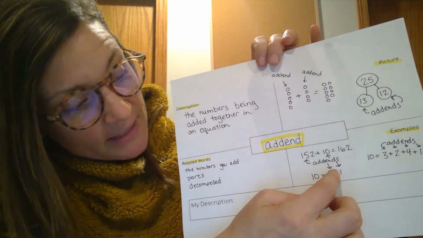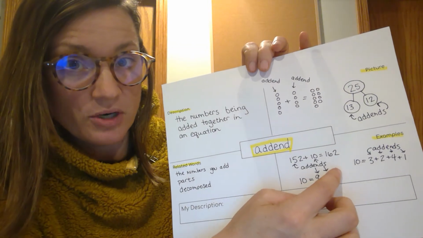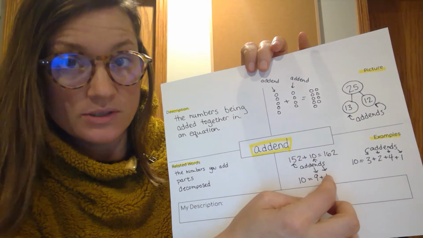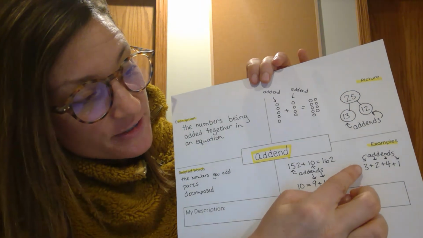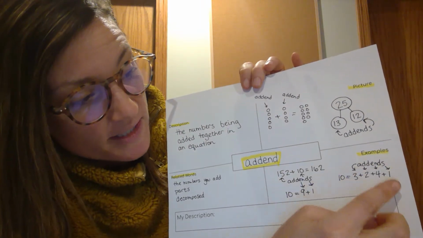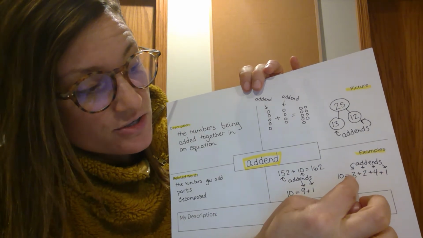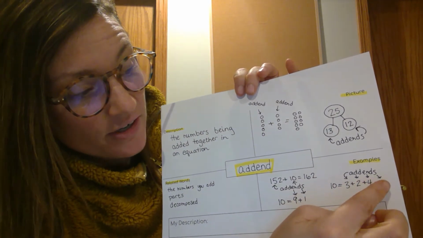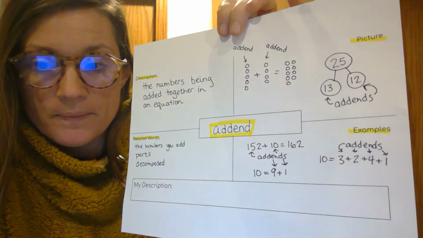So here we have 9 plus 1. You know that those are the parts that you're composing together, or those are the addends. Same with over here, 10 equals 3 plus 2 plus 4 plus 1. All of those numbers are addends. Those are the numbers we're adding together to figure out how much it would be when you compose it all.